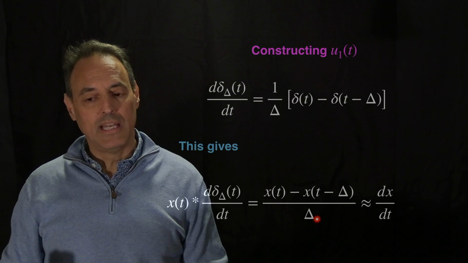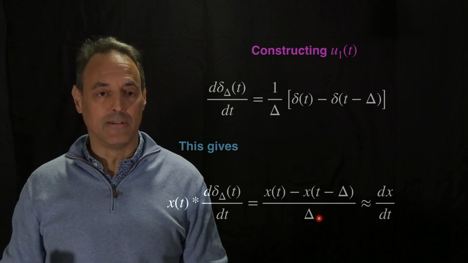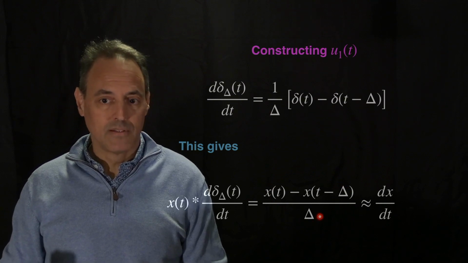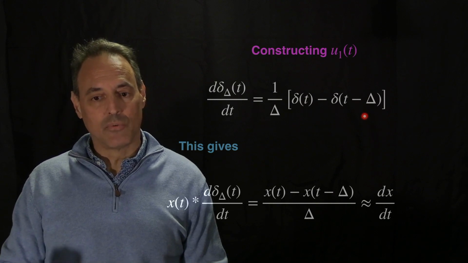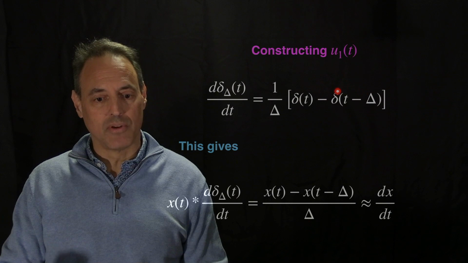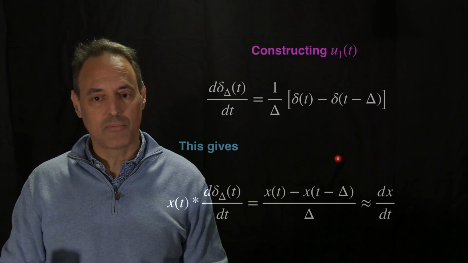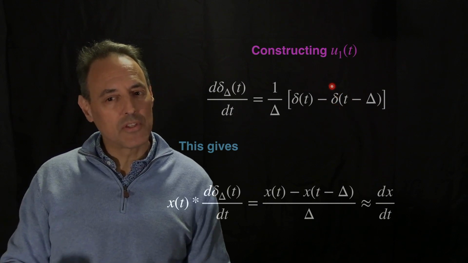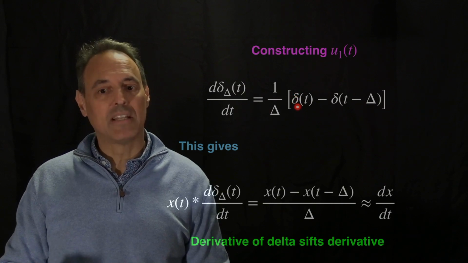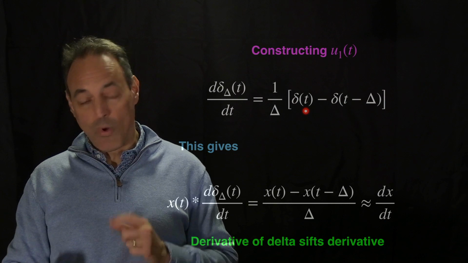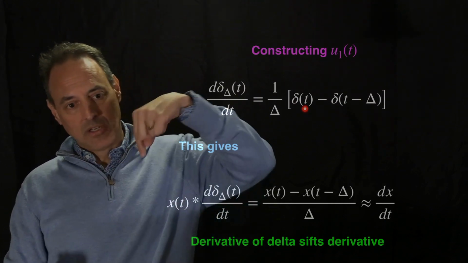But isn't that the definition of dx/dt? It is. So just using the definition of a derivative, it already tells you something important: this delta function derivative sifts out the derivative. It's composed of two delta functions, one in the positive direction, one in the negative direction.